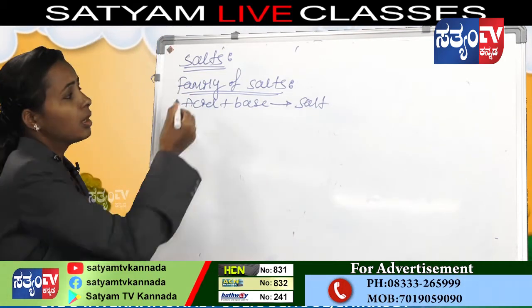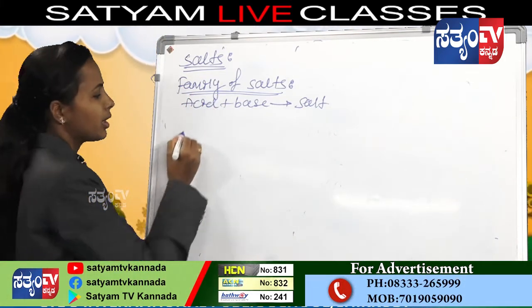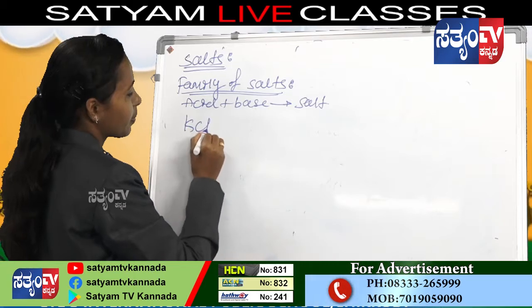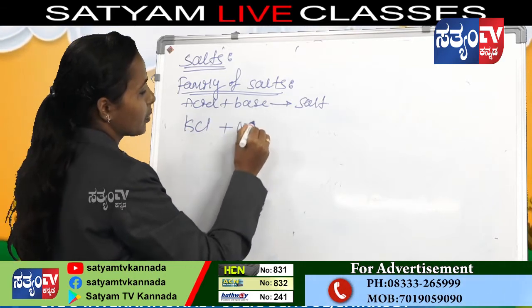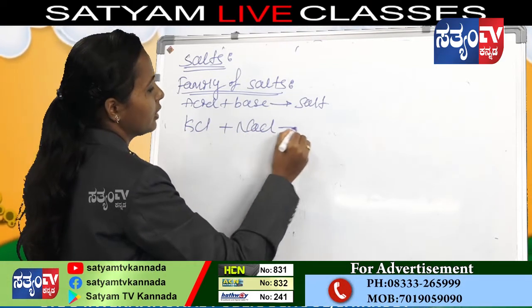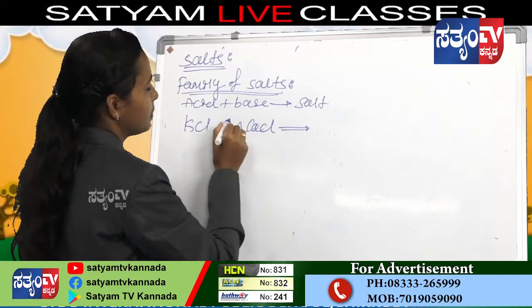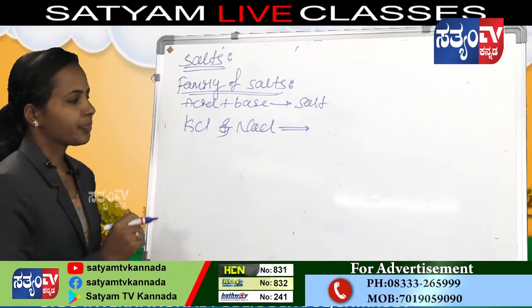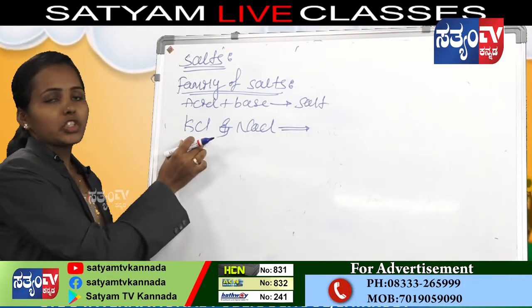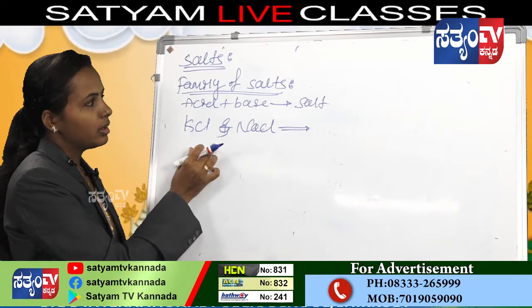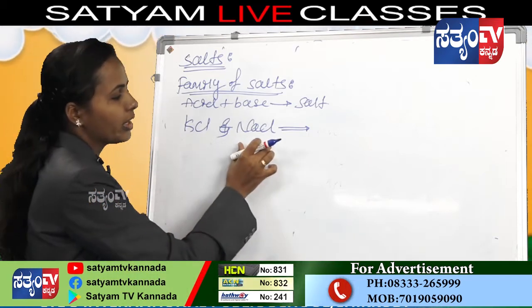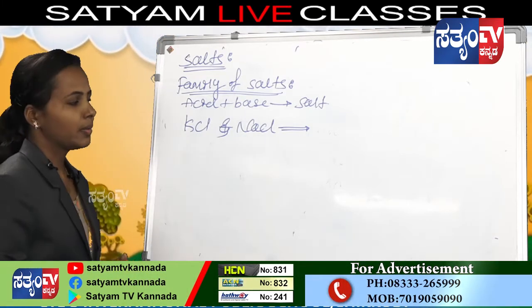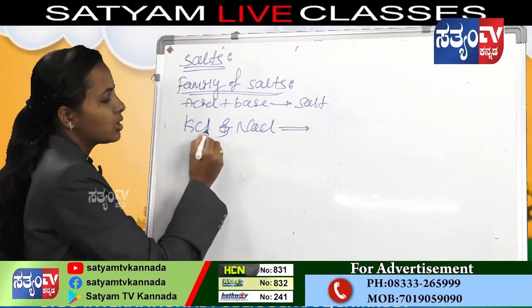And next, family of salts means, consider the example KCl and NaCl. Potassium chloride is a salt, and sodium chloride is also a salt. What is the common thing?